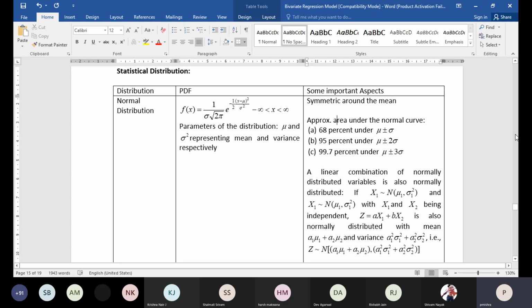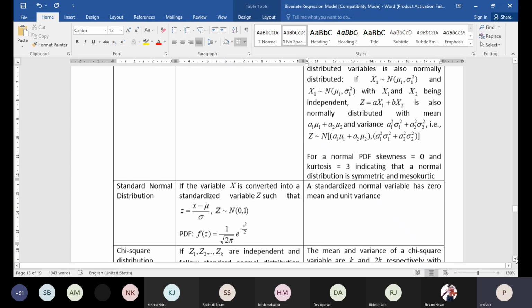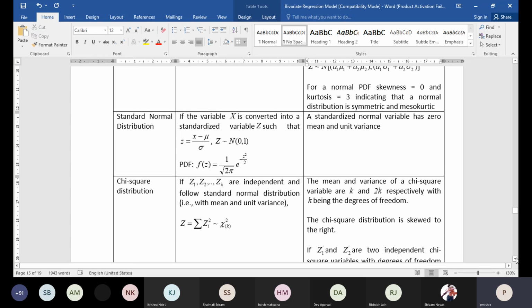And then I've also added some aspects like how the distribution will change following linear transformation of the normal variables, or the variables that are normally distributed. Now, I have already uploaded this file, and I think in your statistics for economics course, you had some discussions on these aspects. You have a look, and if there is any doubt, ask me in tomorrow's class. We can have detailed discussion on that.